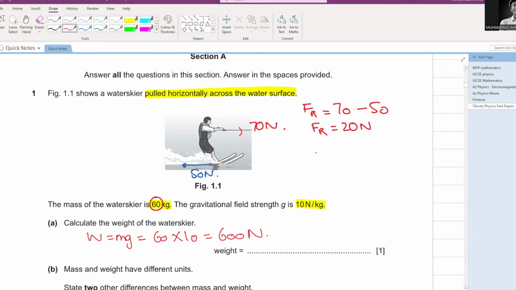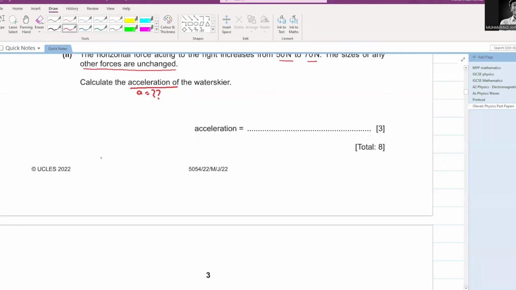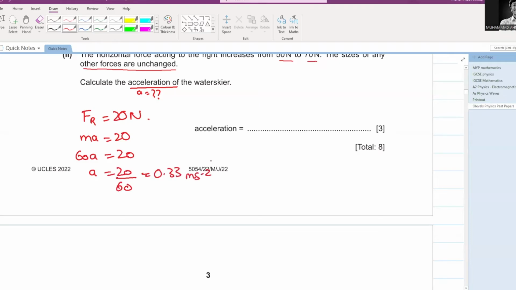Resultant force, 20 Newton, is equal to mass times acceleration. 60 into acceleration equals 20. Acceleration is 20 divided by 60, that comes out to be 0.33 m/s². So 0.33 m/s² is your acceleration. Perfect. Let's further move ahead.